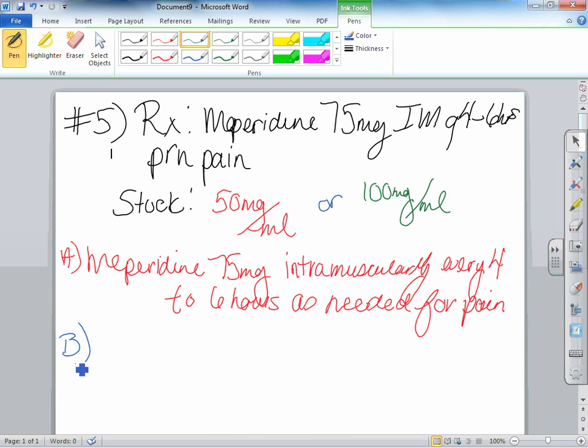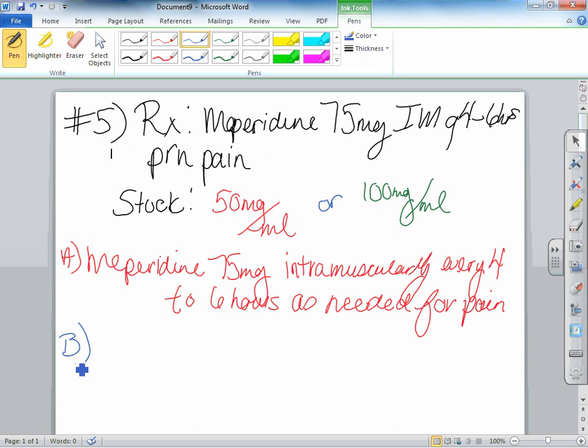So for instance, if we were to use the 50 milligrams, then that volume would be 1.5 milliliters. All right. If we were to use the 100 milligrams, that volume would be 0.75 milliliters.